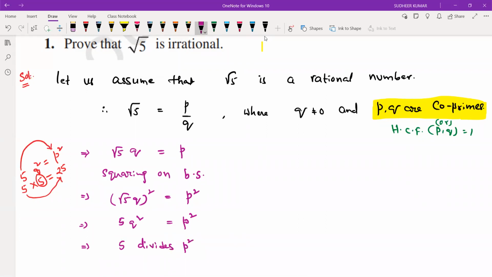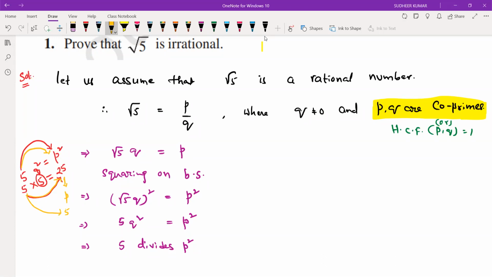When 5 divides P square, when P square is 25, what is the P value? 5. So when 5 divides P square, 5 divides 25, does 5 divide 5 or not?